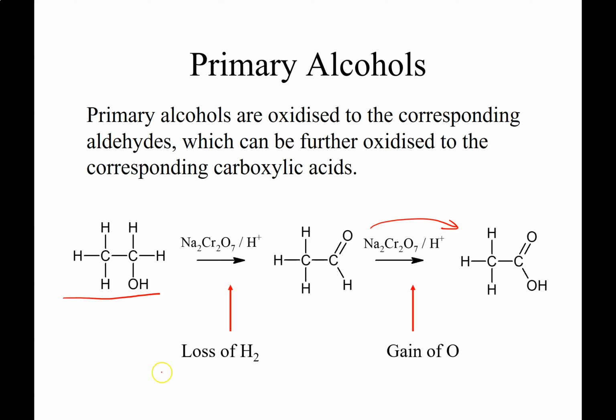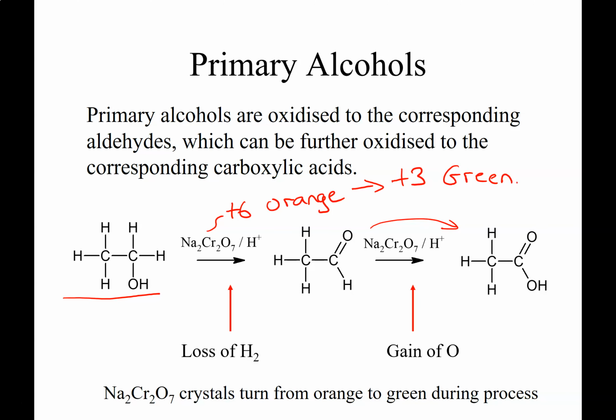In the process of this reaction, it goes to +3, which is a green colour. So this is one oxidizing agent you could use. You could also use potassium permanganate, so KMnO4, which we have used before.